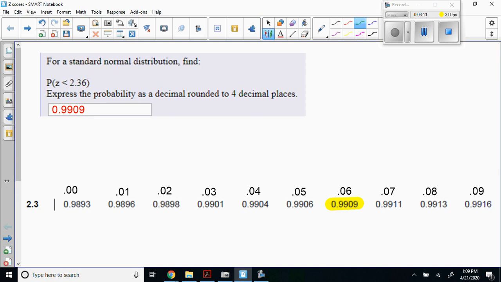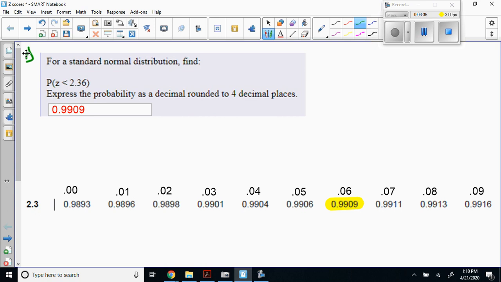Straight reading from a z table. Yep. So you read it to 2 decimal places.